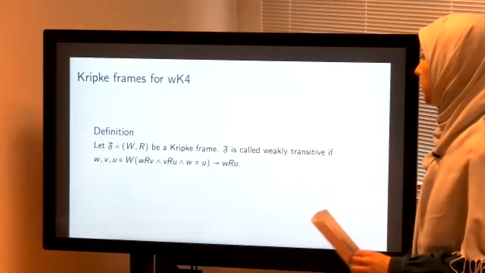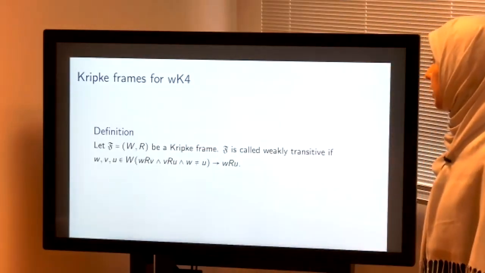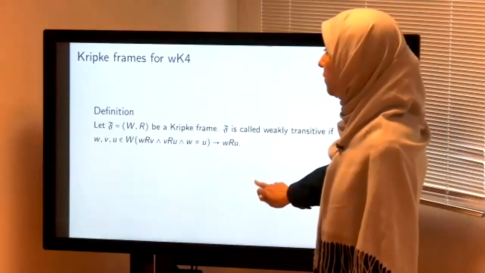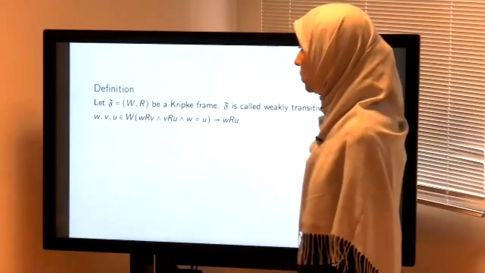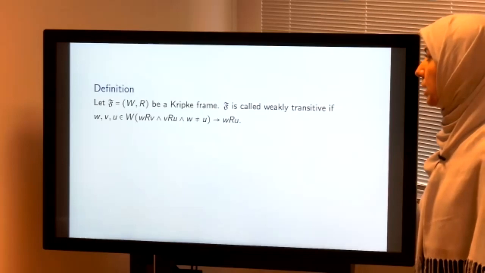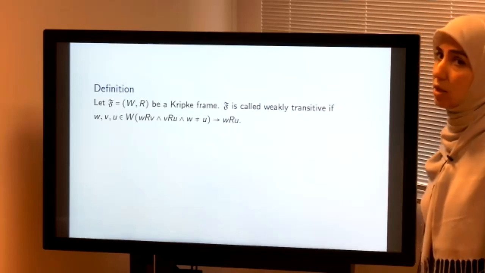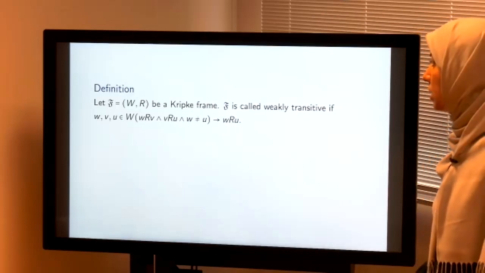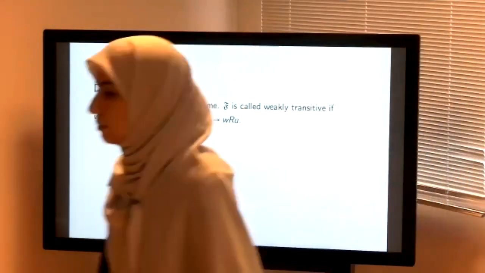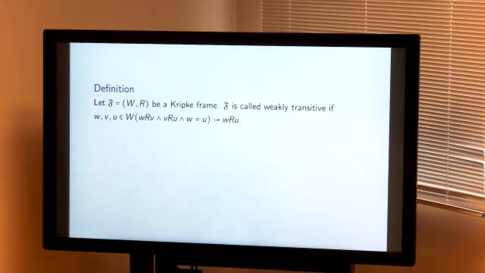Let F be a Kripke frame. We call F a weakly transitive frame if this condition is true in F for any W, V, and U: if V is accessible from W, U is accessible from V, and W and U are not equal, then we have W R U. Remember the definition of transitivity.